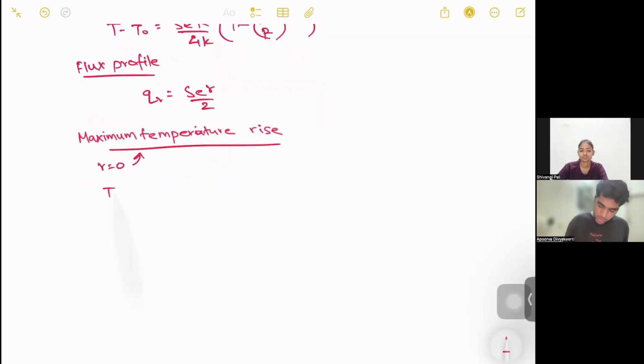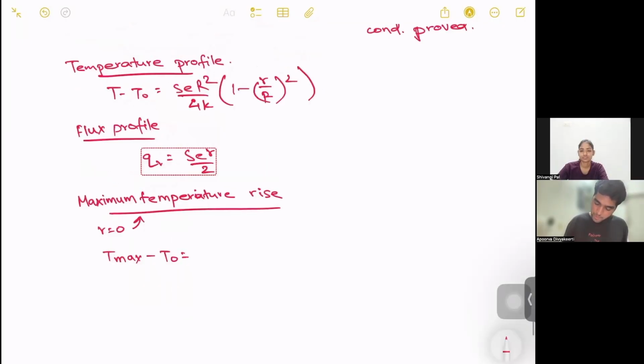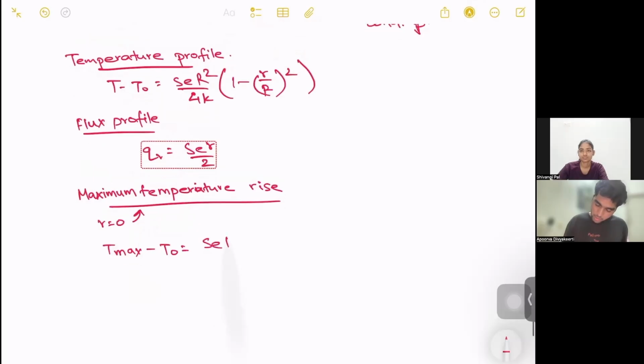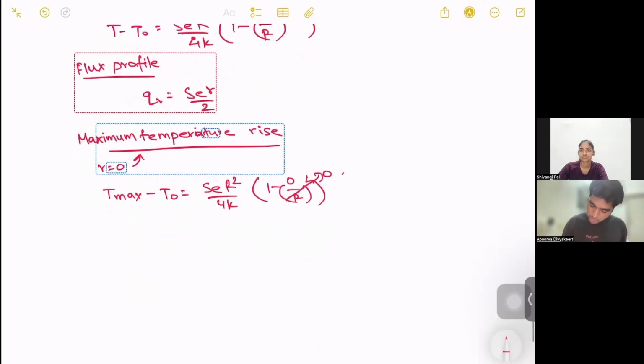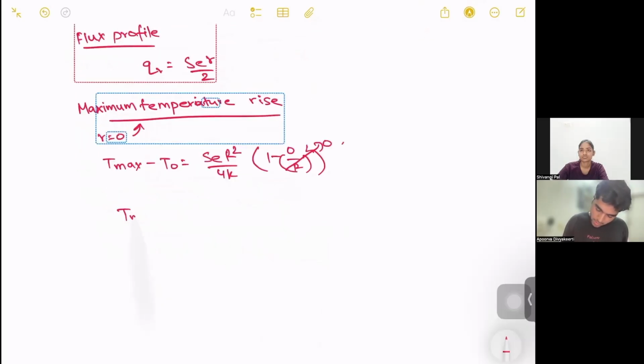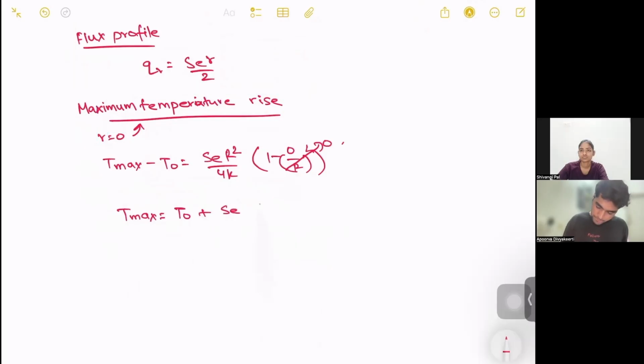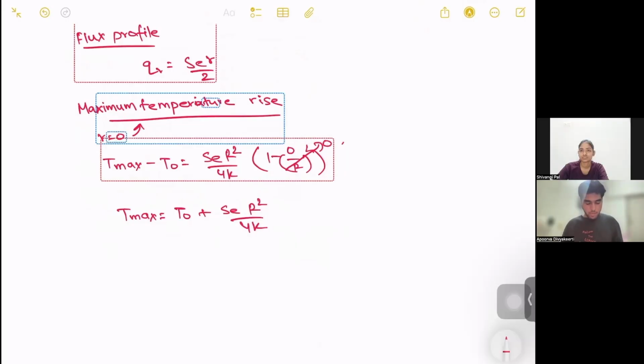That will be T max minus T naught equals S_E R square by 4k into 1 minus 0 by R, which equals 1. So T max equals T naught plus S_E R square by 4k. So we have got the maximum temperature from this.